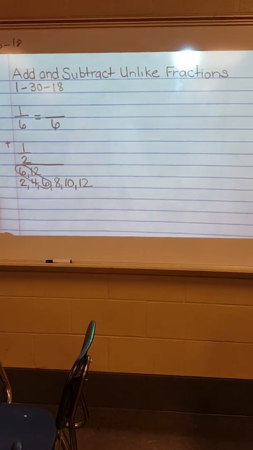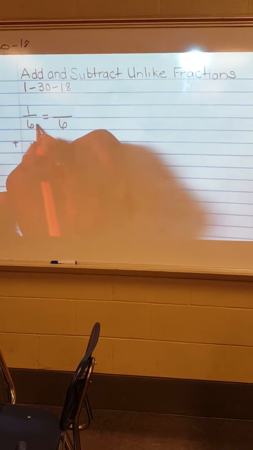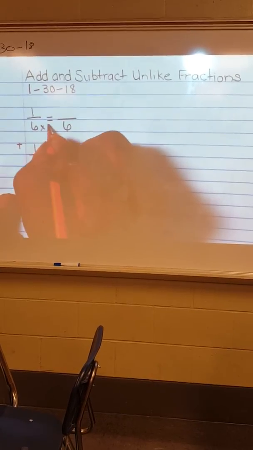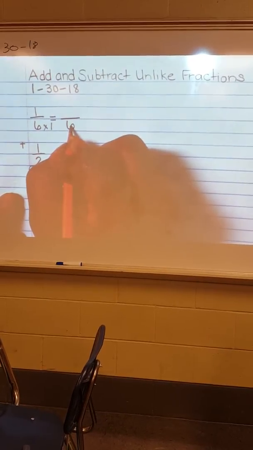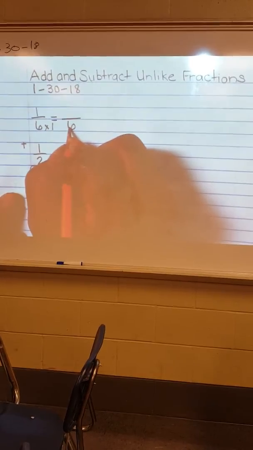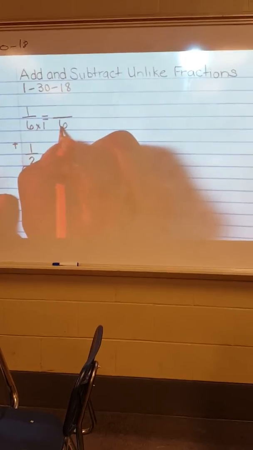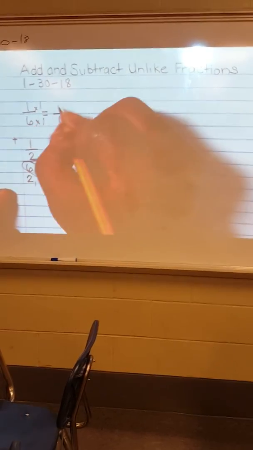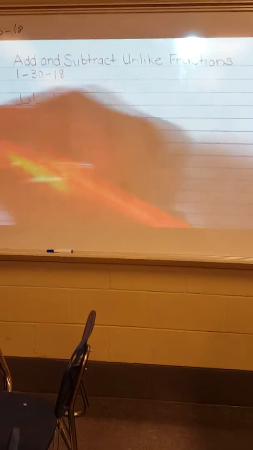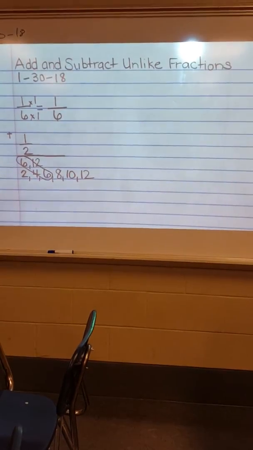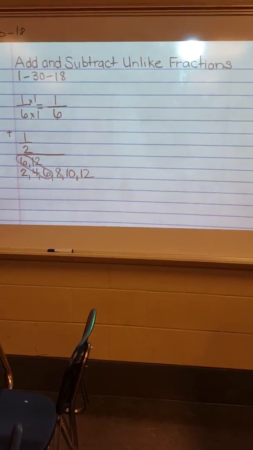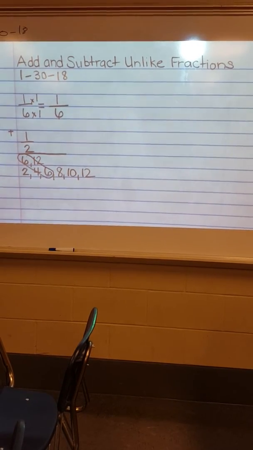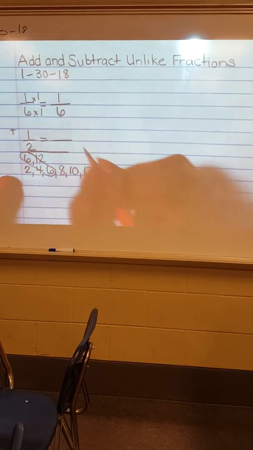What do you want to do? 1 times 6 is 6. And 1 times 1 is 1. When you make equivalent fractions, whatever you do to the denominator, you have to match it and do to the numerator. All right. Almost there.